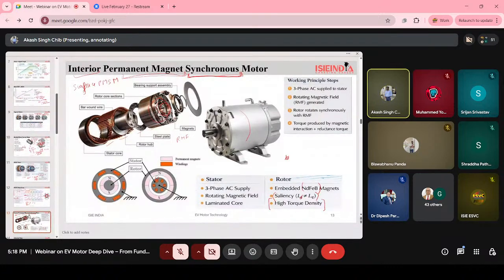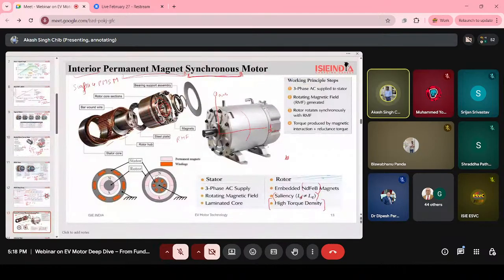Okay, no issues. Basically, saliency relates to the interior permanent magnet synchronous motor. We have two axes in the motor, the D axis and the Q axis. If there is a difference in saliency between them, that difference creates additional reluctance torque.